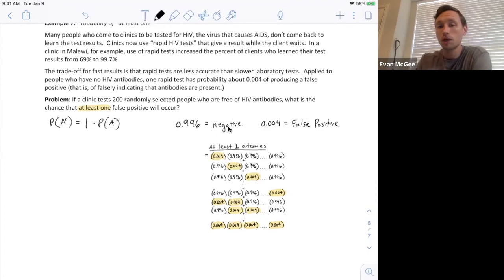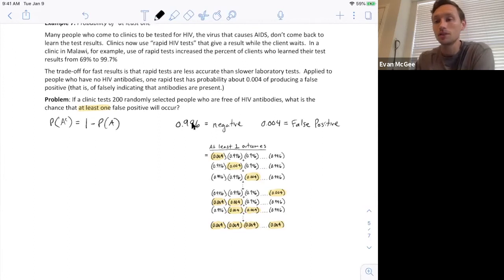For this problem, the only way you can get a false positive is if the person does not actually have HIV. So using the complement rule, if the probability of a false positive is 0.004, then the probability of them getting the negative result, the correct result, if they don't have HIV, is 0.996.